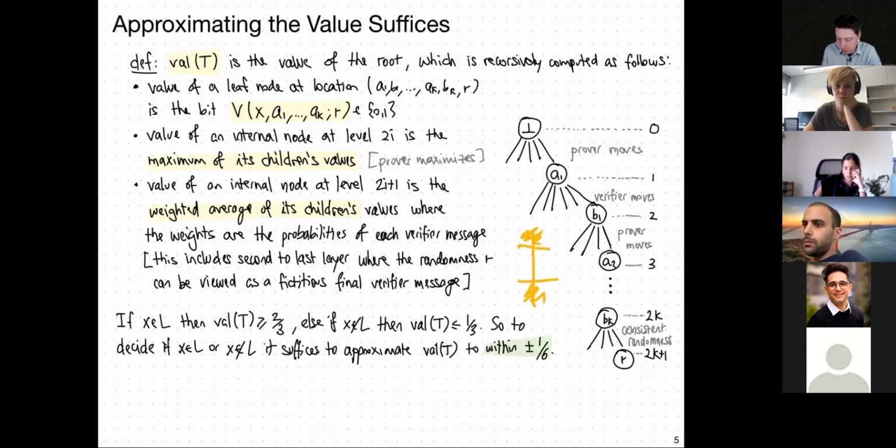In the other case, you want to be about here. There is a half in between. That's 1/6. So if you get the value right to within this range or that range, then you can distinguish the two cases. So this is an important realization. To decide the language, it will suffice to approximate the value, not to compute it exactly.